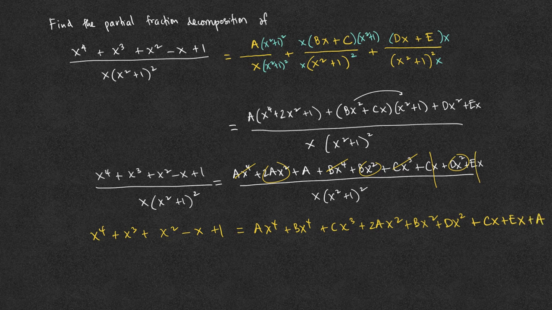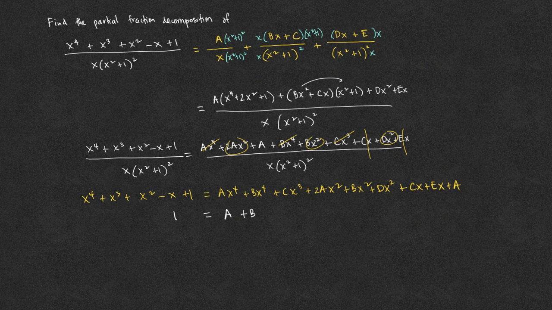Comparing the coefficients, we must have 1 for x to the fourth equals A plus B. The coefficient of x to the fourth on the right hand side is A plus B. 1 for x cubed needs to be the same as Cx cubed, so C equals 1. 1 for x squared must be the same as 2A plus B plus D. 2A, B, D are the coefficients of x squared on the right hand side.